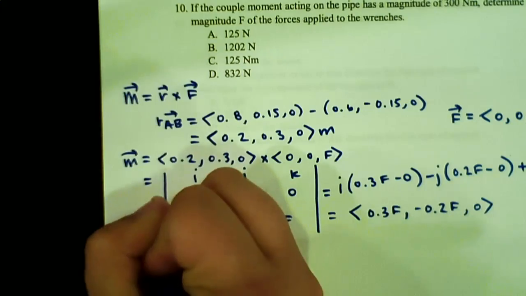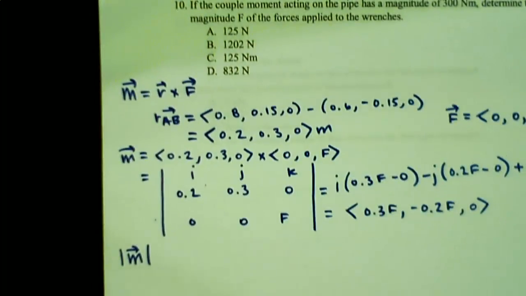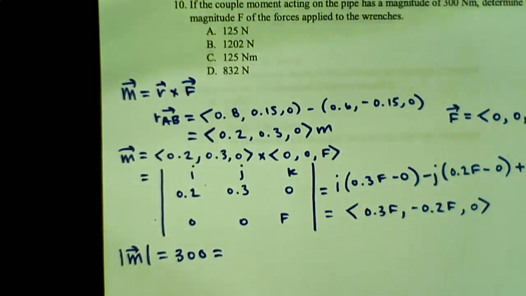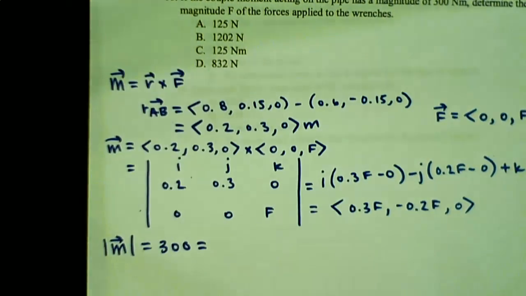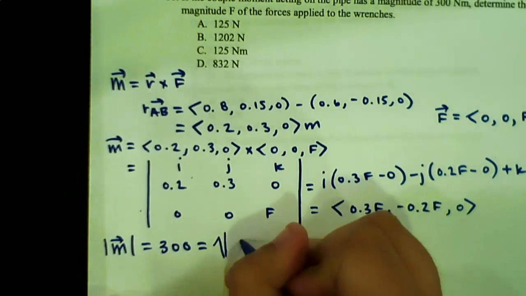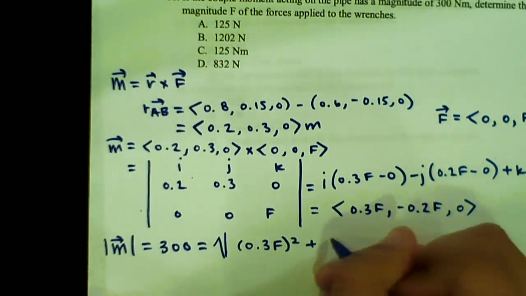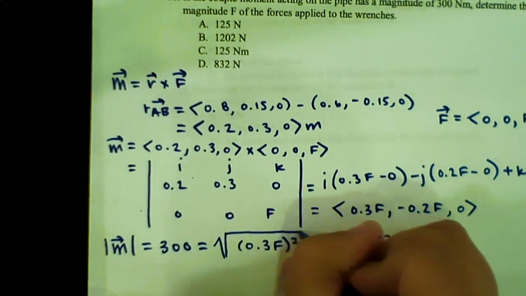So now we do the magnitude of our moment, which we know is equal to 300. And the equation is the exact same that we used for our resultant force. It's just going to be our 0.3 F squared plus our negative 0.2 F squared, all under the square root.